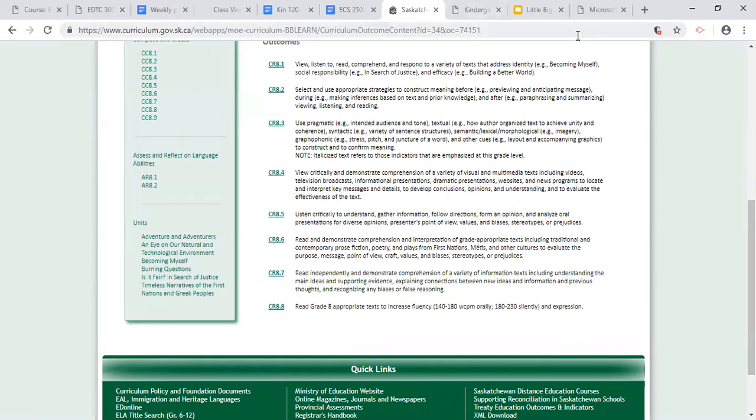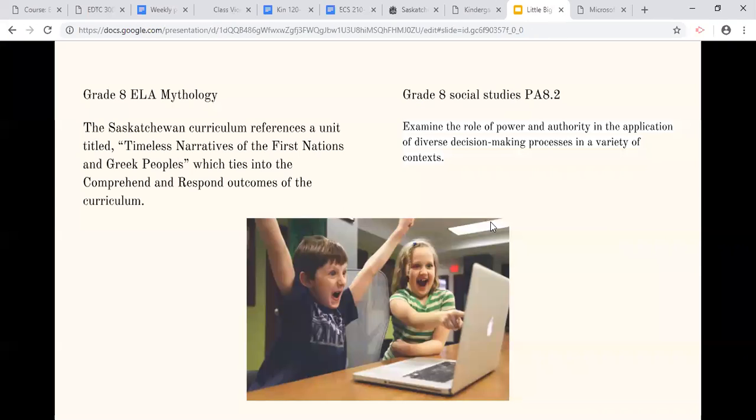So it's trying to get students to understand what is going on in the text before they start reading it, while they're reading it, and after they learn it. So this unit uses Greek mythology and First Nation narratives to reach those outcomes.